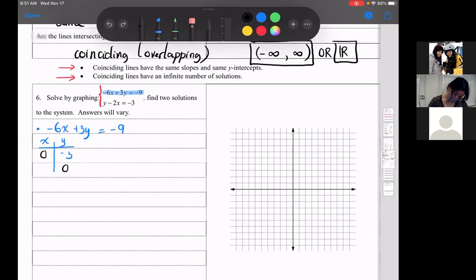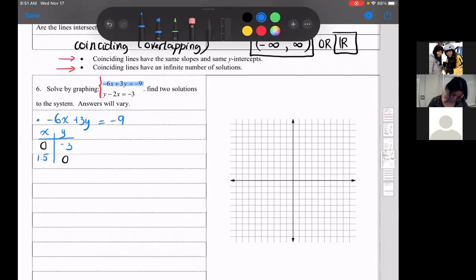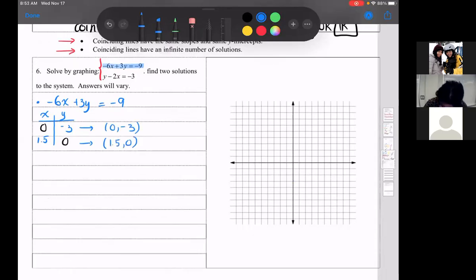Or 1.5. So I'm going to put 1.5 here. So we have 0, -3, and then 1.5, 0, right here.